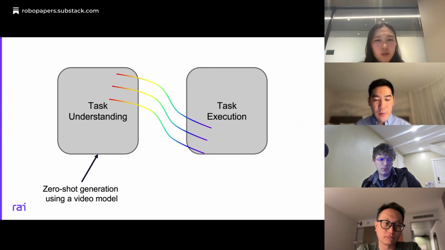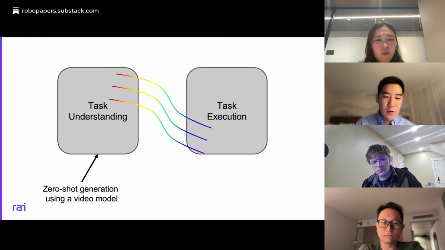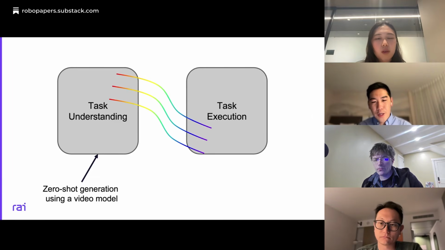Here we demonstrate how we can generate flow in zero shot using a video model and a perception pipeline. So the next question we want to ask is, if we want to do the task zero shot, we need both modules to work zero shot. For task understanding, sure, we have foundation models, right? Basically, there are generation models. We have computer vision models.